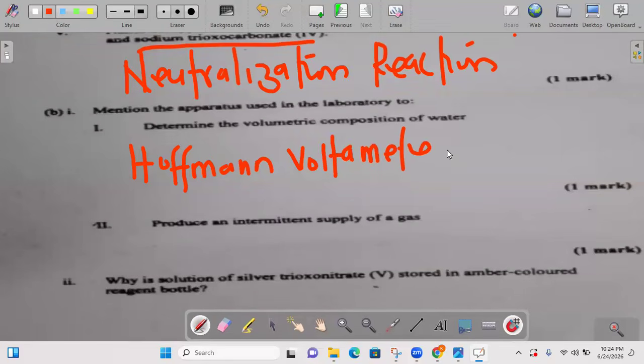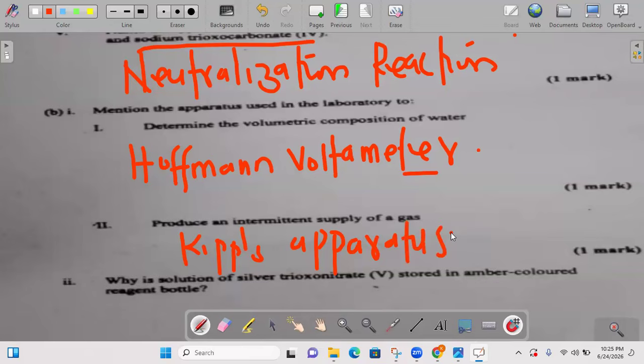Then numeral 2: the instrument to keep an indeterminate supply of gases is the Kipp's apparatus. Kipp's apparatus is what we use.